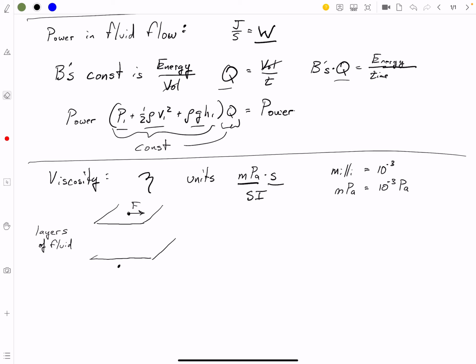And there's a length between the two plates, so there's a length from here to there, a width if you want to say that. This plate has an area, this plate has the same area. We're applying a force to the right.